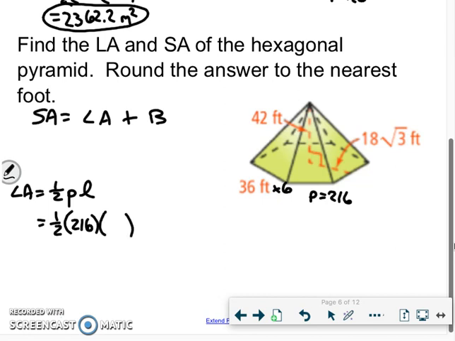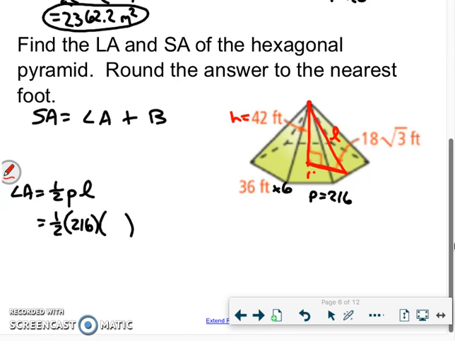I do have the wrong height again. So I have 42, which goes from the top, from the vertex, straight down inside the pyramid, which is an H. So I have to use the Pythagorean Theorem to get L. I'm missing L again. So let's figure that out. For L, it's going to be a squared plus b squared equals c squared.